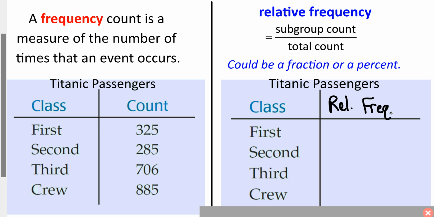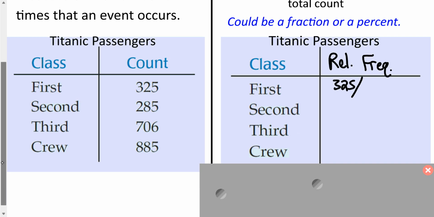is 325 out of, what's the total? We have to do a little adding. With some quick math skills or a calculator, you could get the total of 2,201 people on that ship.